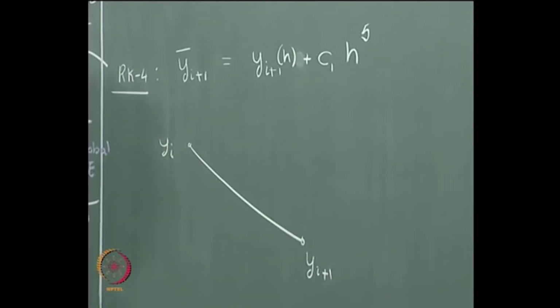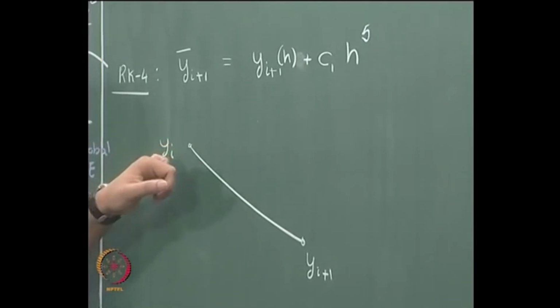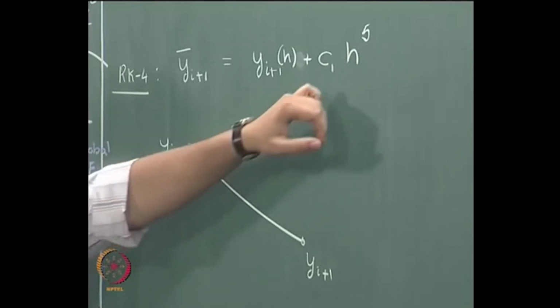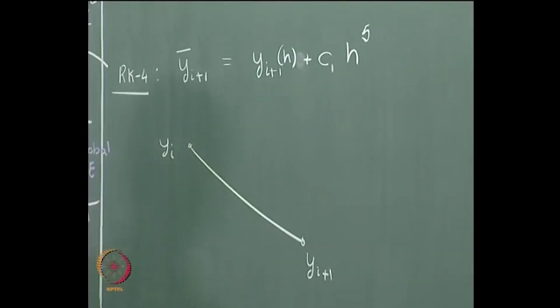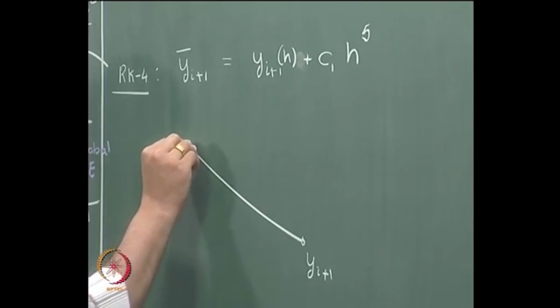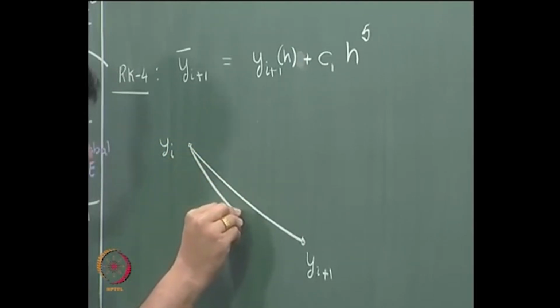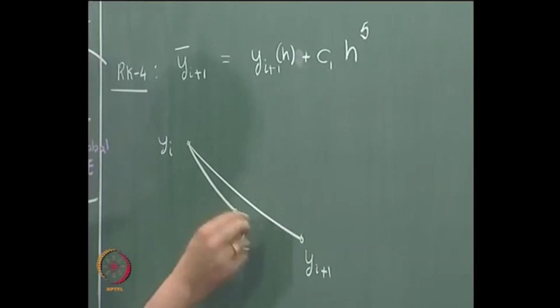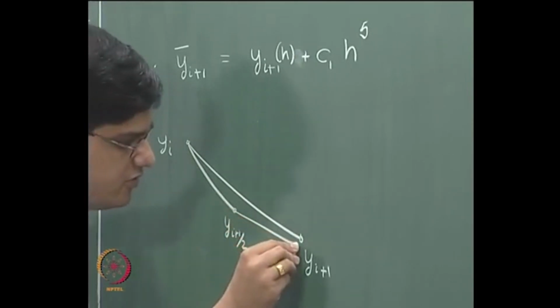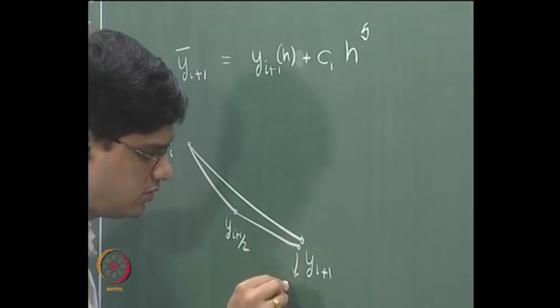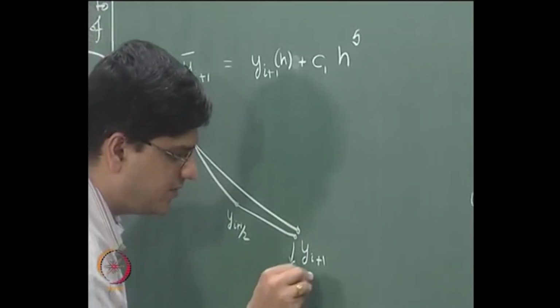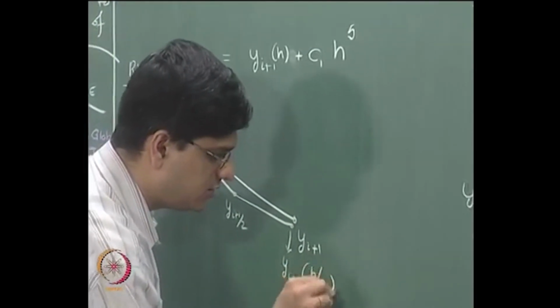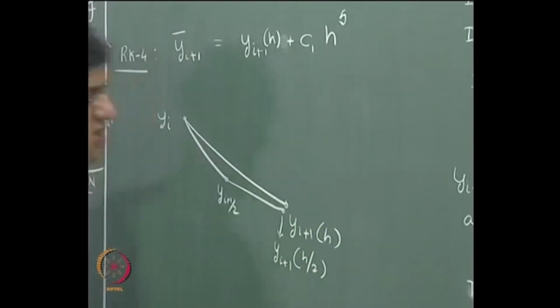Now, let us redo the same thing, going from yi to y(i+1) in two steps. In this case, the step size is going to be h by 2. So we will go from yi to y(i+1/2), and from y(i+1/2) we will go to y(i+1), computed with a step size of h by 2.